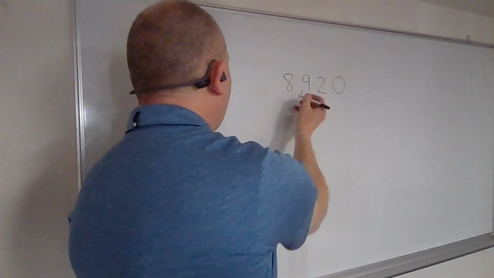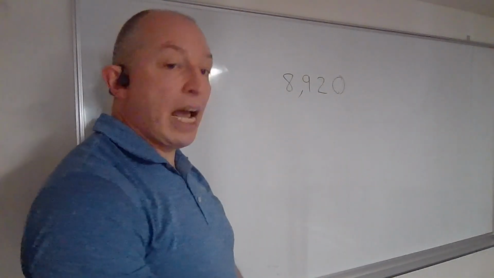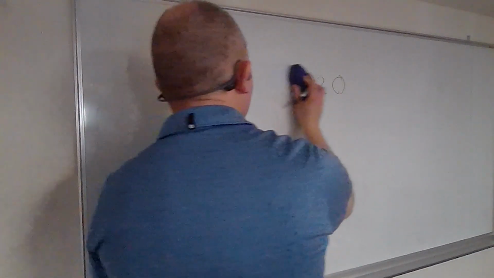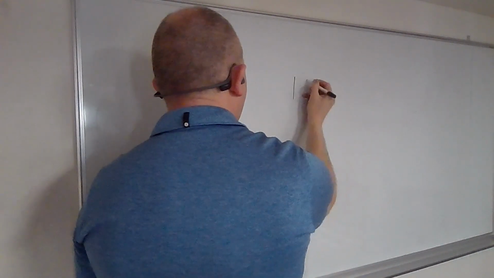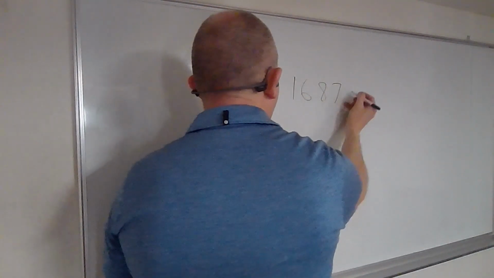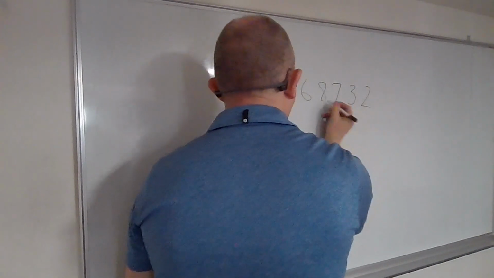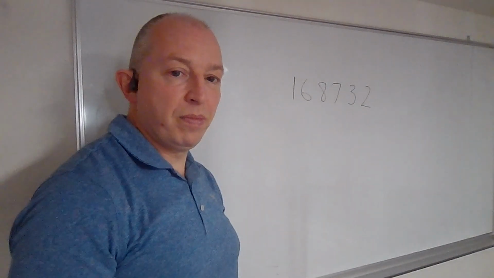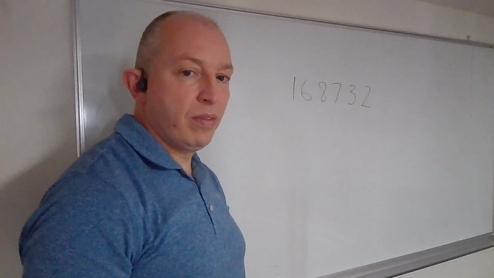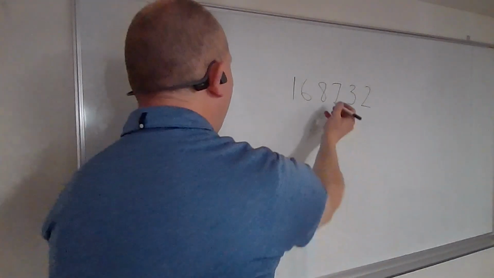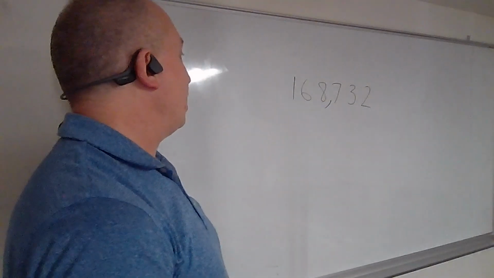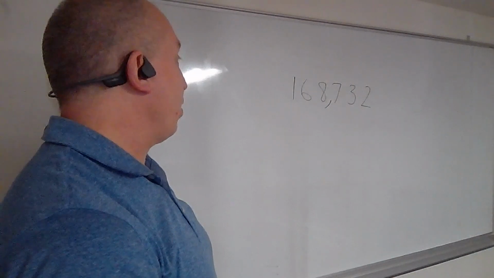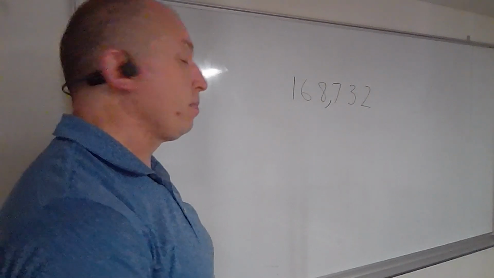The comma goes here. 8,920. What's this number? The comma goes here. 168,732.